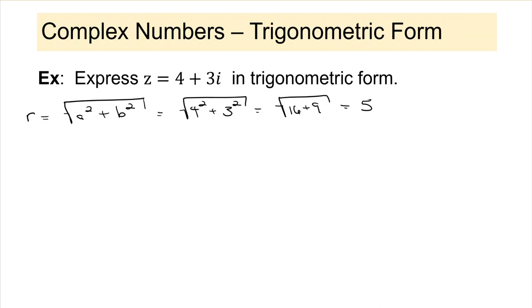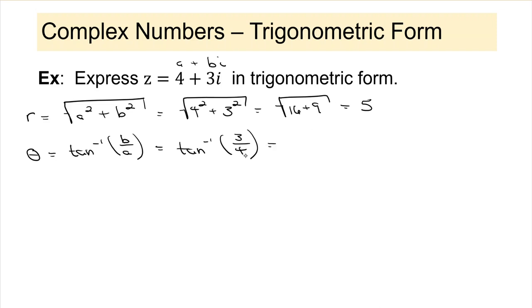Okay, so we have our r. Now, for theta, theta equals the inverse tangent of b over a. So the inverse tangent of 3 over 4, because here's our a, that's our b.